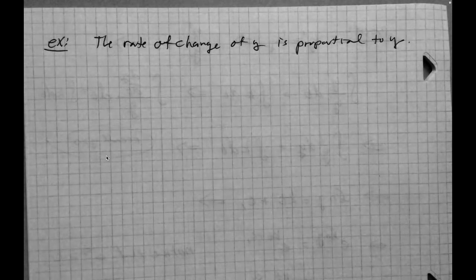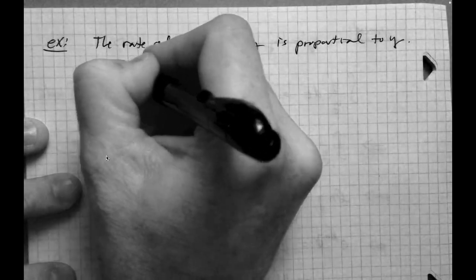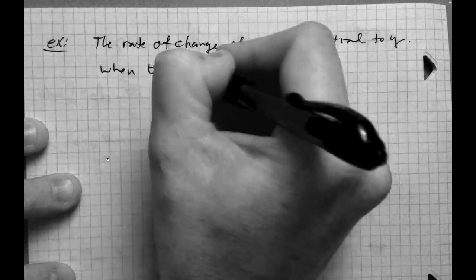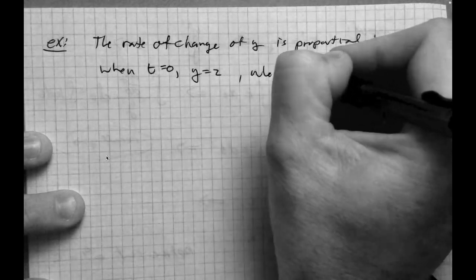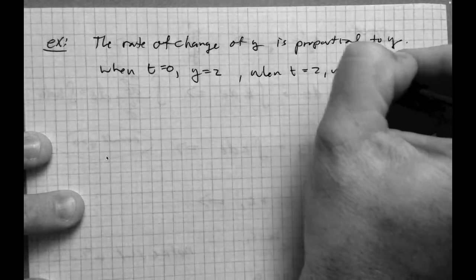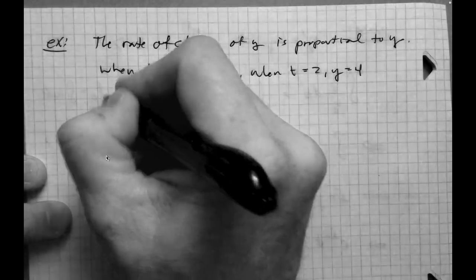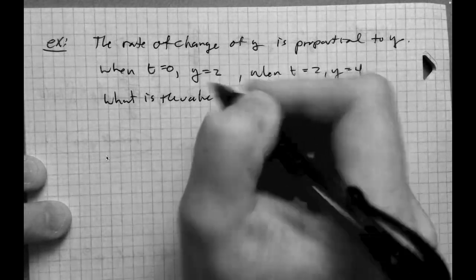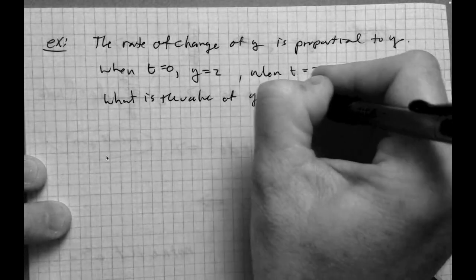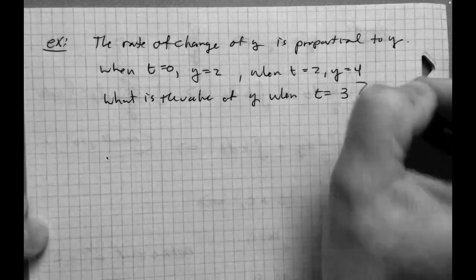So the rate of change of y is proportional to y, and when t equals 0, y equals 2. When t equals 2, y equals 4. And then the question is, what is the value of y when t equals 3?